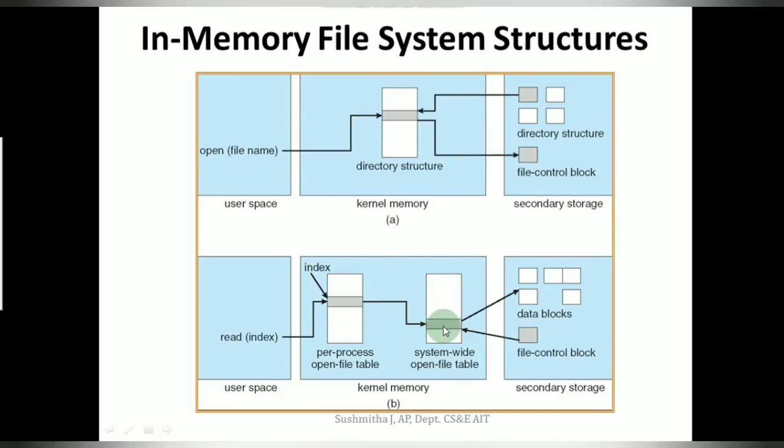I told it to you earlier. A counter is maintained, which keeps track of the number of processes that are using it. So now the open count will be decremented. Eventually, if all other processes that are using the file close it, then the entry from the system-wide open file table also shall be removed.